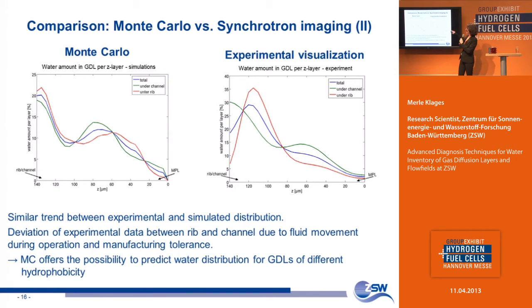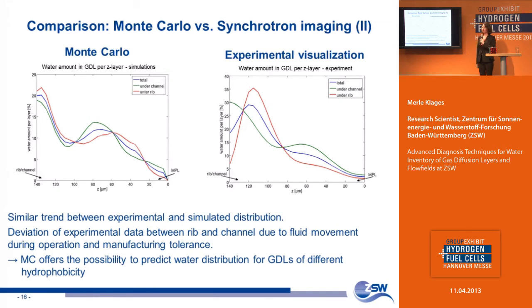You can basically see that in this region where the water actually is, where the reaction takes place, the water content increases under the rib or the channel from where it is removed.